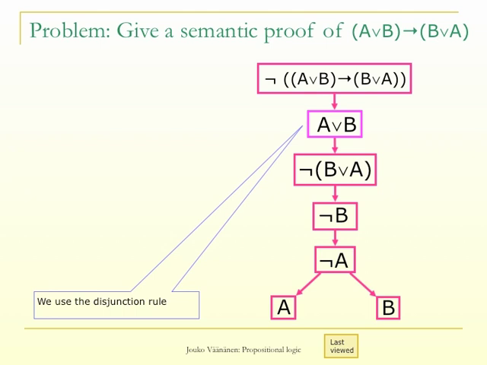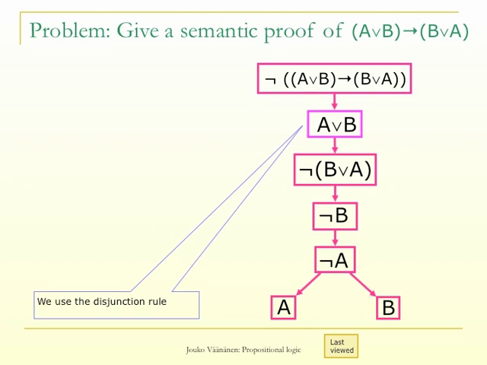The disjunction A or B causes the tree to split, and it splits into A and B. Because disjunction of A and B means either A is true or B is true.